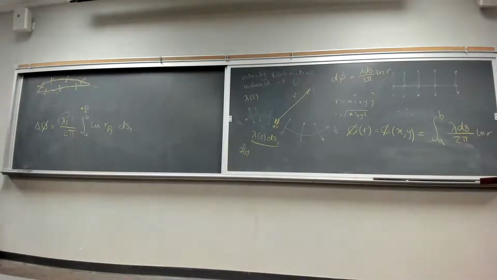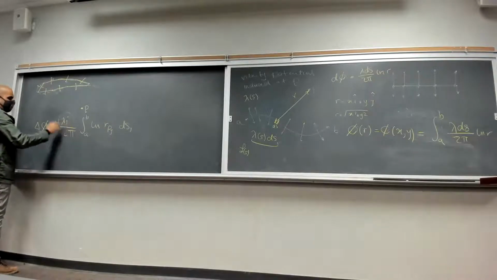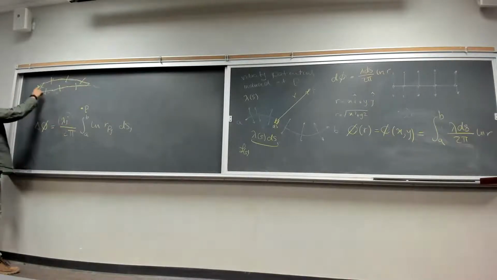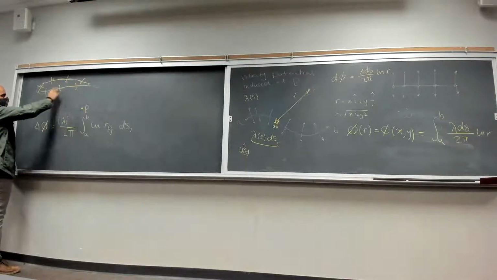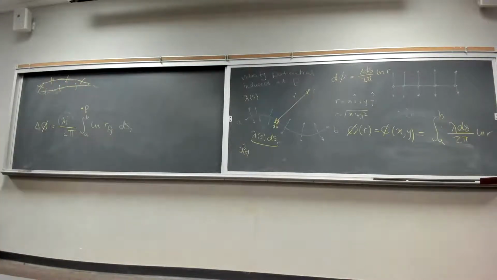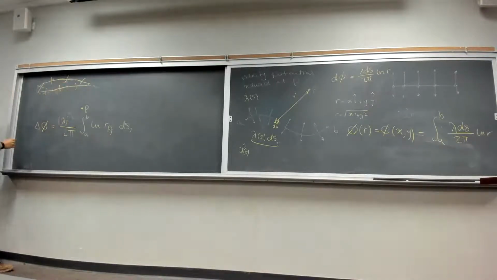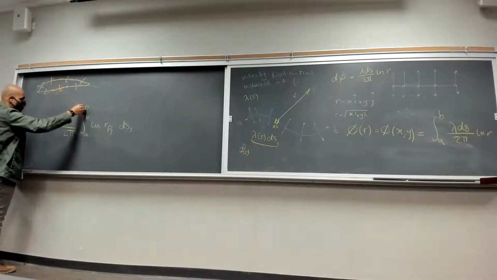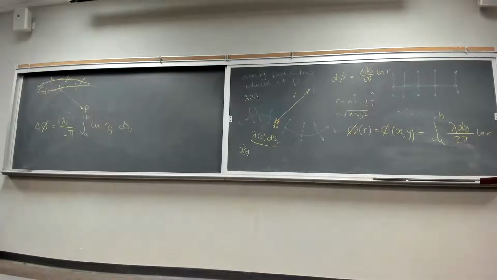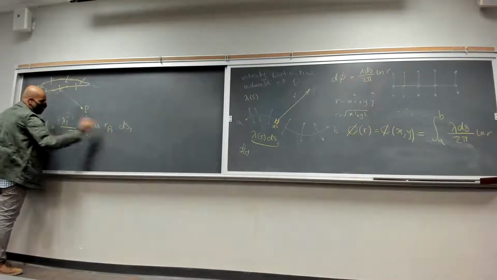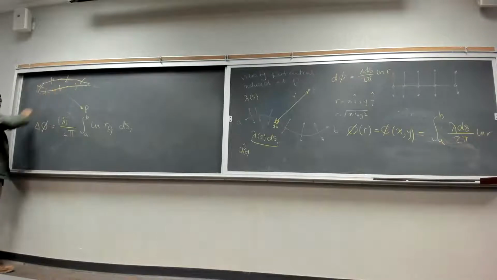Again, the idea was you are dealing with a finite number of panels instead of an infinite number of line sources, right? So we are going to have a finite number of lambdas, lambda 1, lambda 2, lambda 3, lambda 4, 5, 6, 7, until lambda j. We are looking at only one panel here, right? The velocity potential this one panel induces at point P. This lambda is not going to be a function of s because that was the definition. Lambda is going to stay constant on one panel.